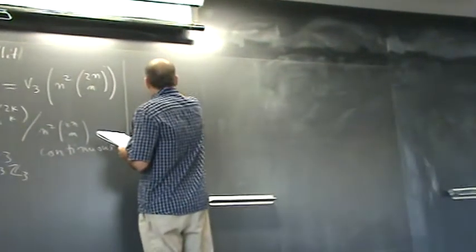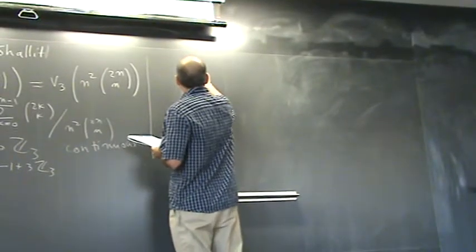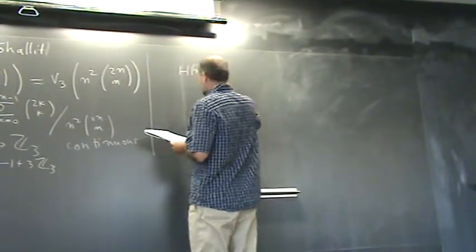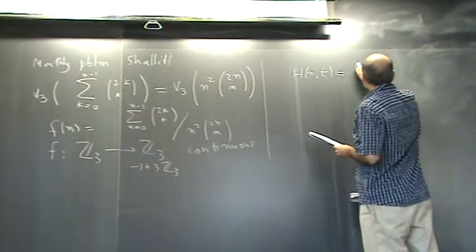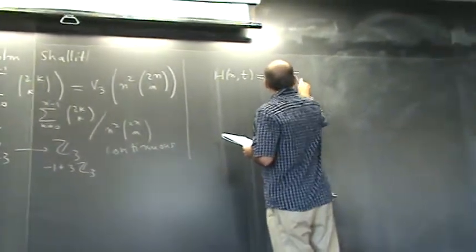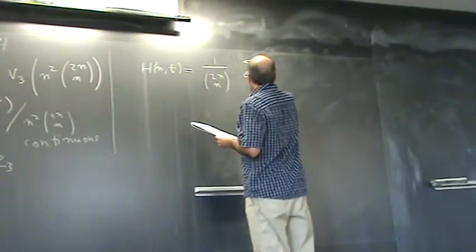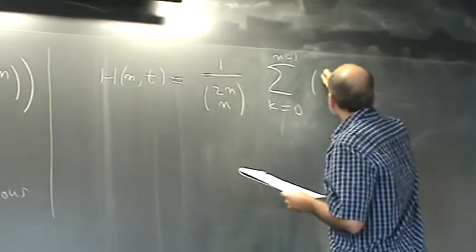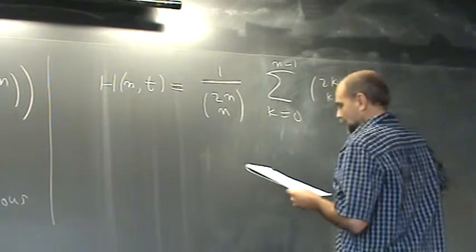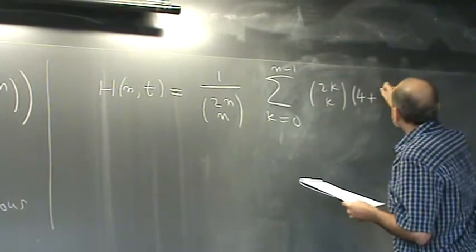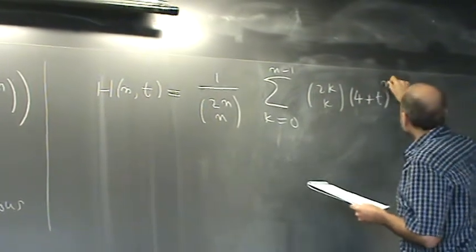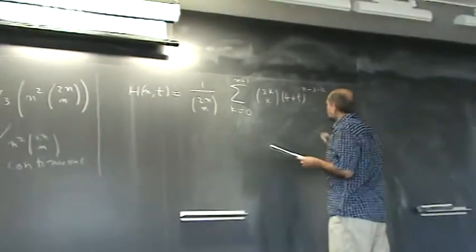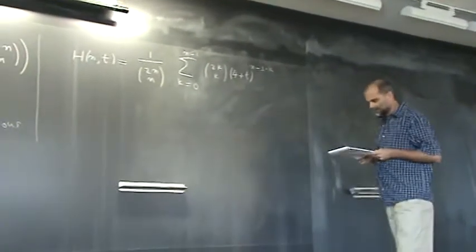Let me define the numbers h_n(t). t for the moment is just a variable, to be essentially the ratio that we have over there, except that we're going to stick in a factor here of (4+t)^(n-1-k).